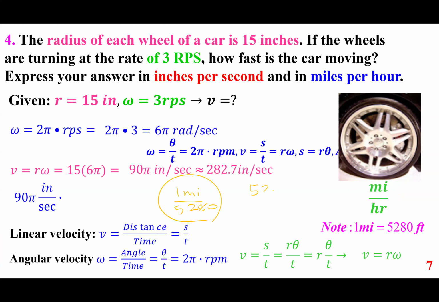Or if you write 5,280 feet over 1 mile, this is also 1. This is called unit conversion. Now the question is, which one do you use and why? You look at the result, you want miles per hour, so you want the miles to be at top. So again, you can use any of them, both of them are equal to 1, but you want to use the one that gives you the result you want. So I'm going to erase my work first.